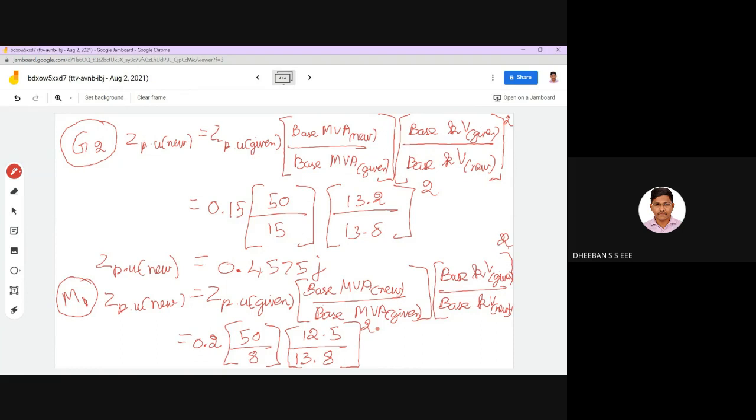Try to solve this equation, and you will be getting the value for motor 1 as 1.0256 j.